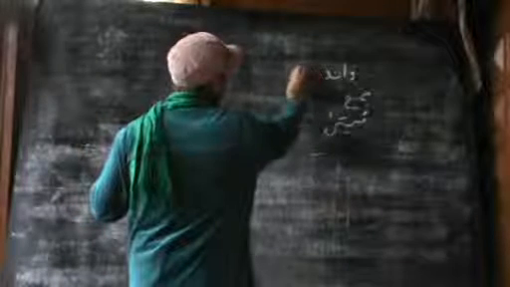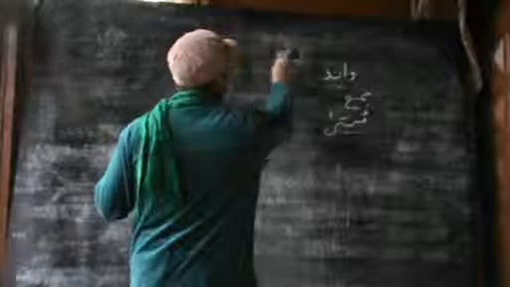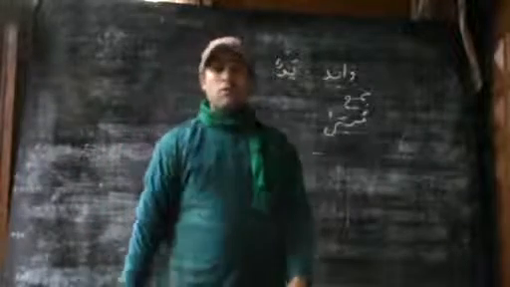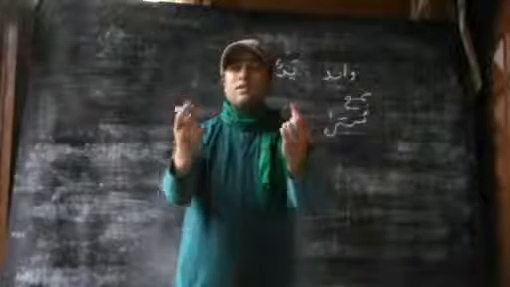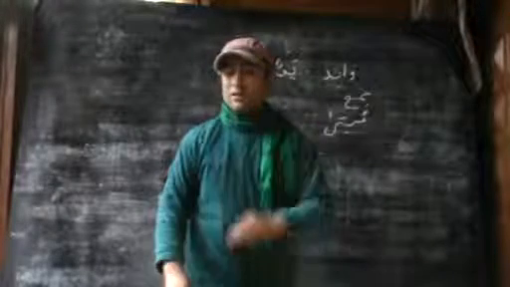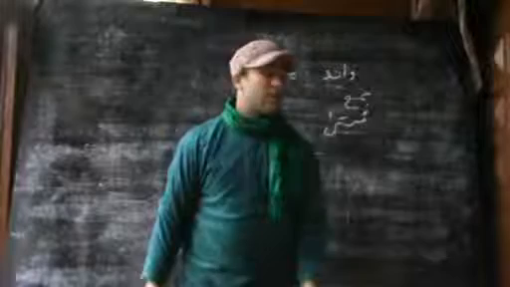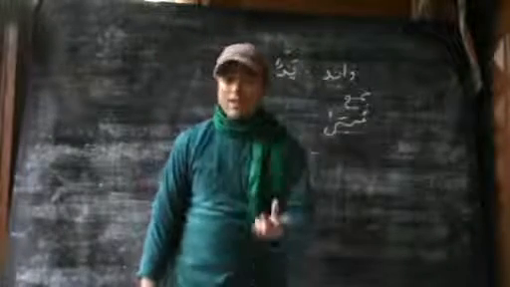So we can say, for example, we have the word in the wahid category: yadun. Yadun means one hand. When we want to say two hands, we cannot say yadun.